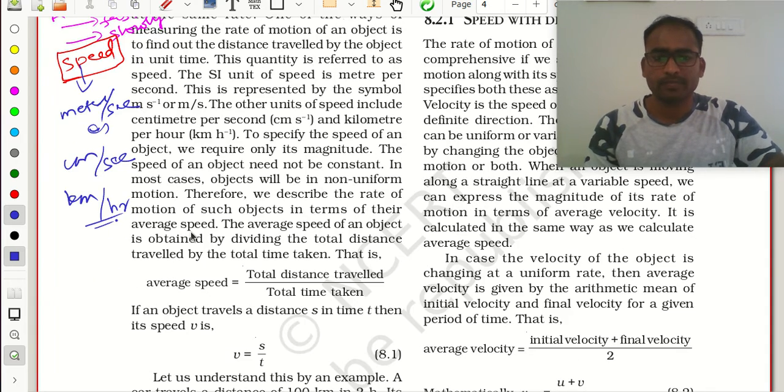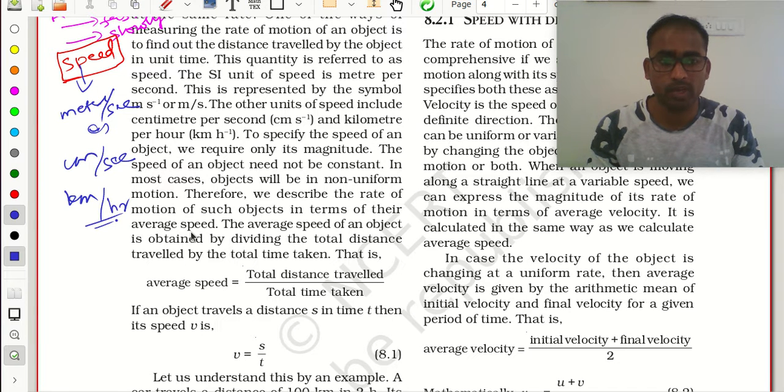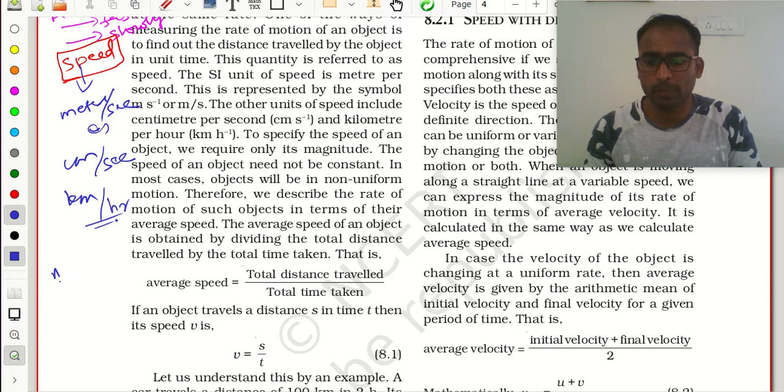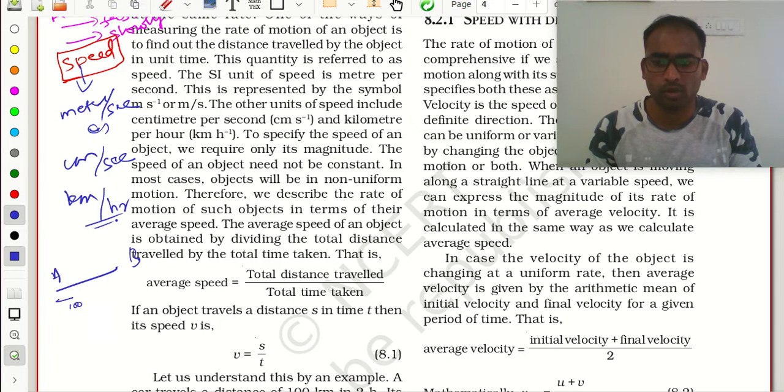Here also, some objects may travel uniformly and some objects may travel non-uniformly, like in motion. In speed also it changes. Suppose you are going from one place A to another place B. First you go at 100 km per hour, then you reduce your speed to 80 km per hour, and after that you go at 50 km per hour and reach your destination.